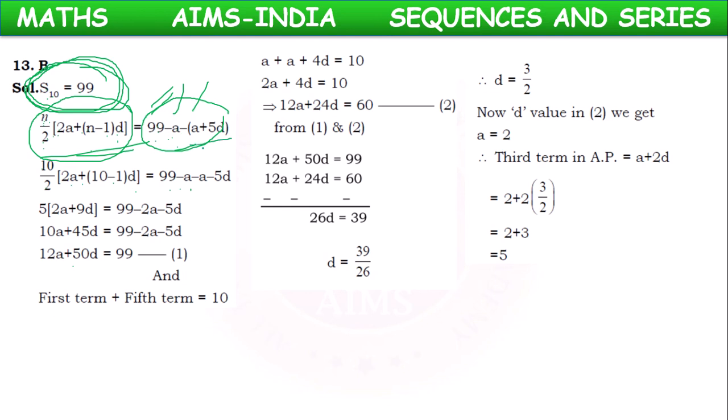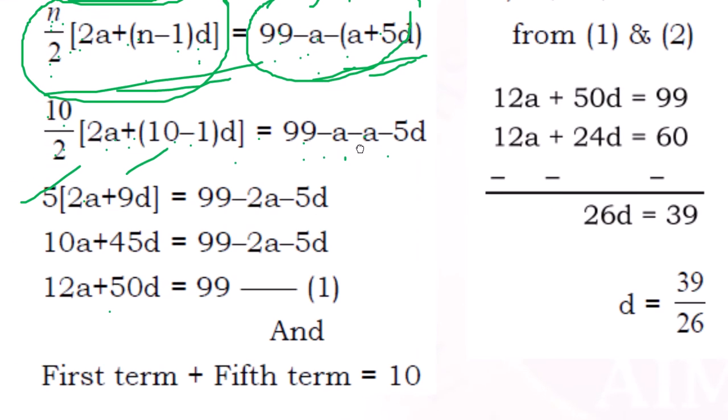Because of minus, in the bracket the signs will change. Minus a minus 5d. So 10 by 2 means 5. 2a plus 10 minus 1 means 9, equal to 99 minus a minus 2a minus 5d. 5 into 2a, 10a. 5 into 9, 45d. 99 minus 2a minus 5d.